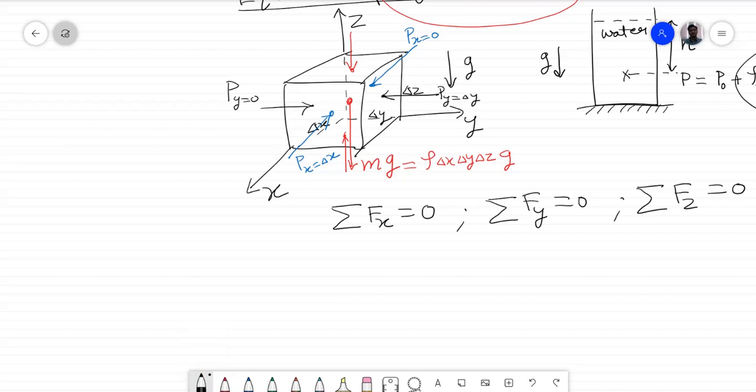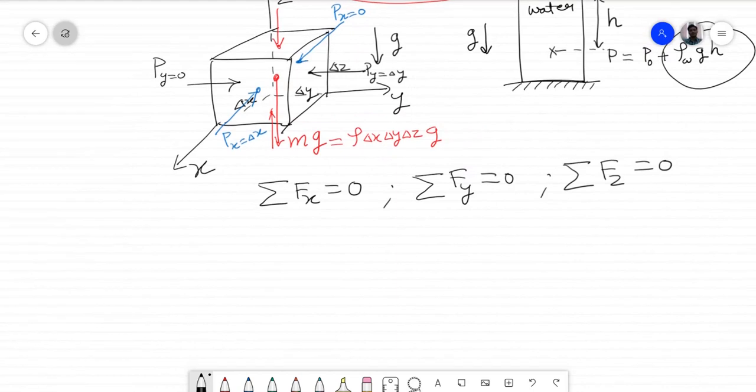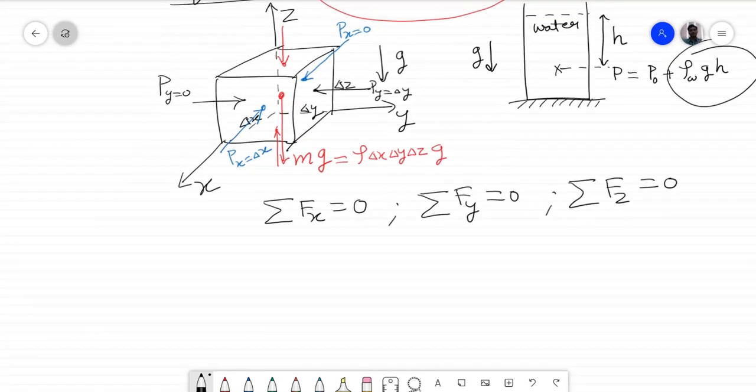Now let's write sigma fx equal to 0. That is P at x equal to 0 times the area of that face, which is delta y times delta z. This is the force on the back face, as you can see here. Then that should be equal to pressure at x equal to delta x, delta y, delta z.